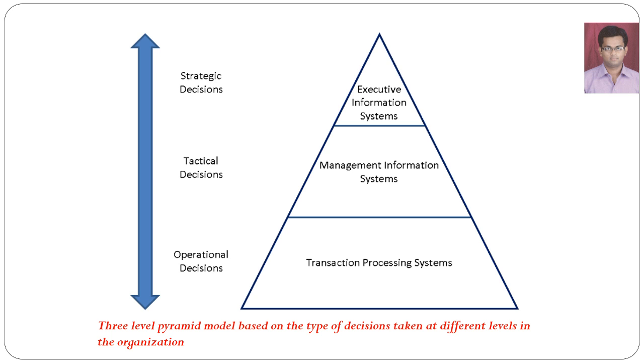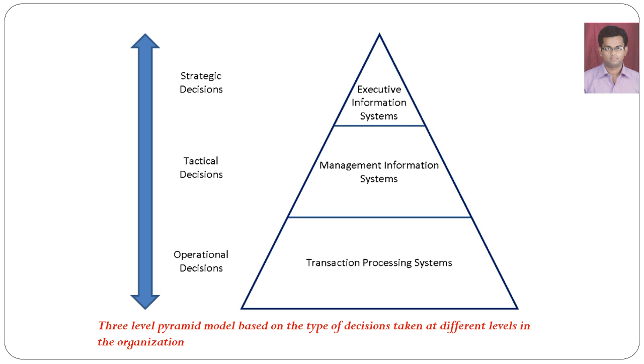Now, consider the three-level pyramid based on the type of decisions taken at different levels in the organization. The bottom of the pyramid talks about the transaction processing system, the middle of the pyramid talks about management information system, and the top level of the pyramid talks about executive information systems. Operational decisions correlate with the transaction processing systems, tactical decisions correlate with the management information systems, and strategic decisions correlate with executive information systems.